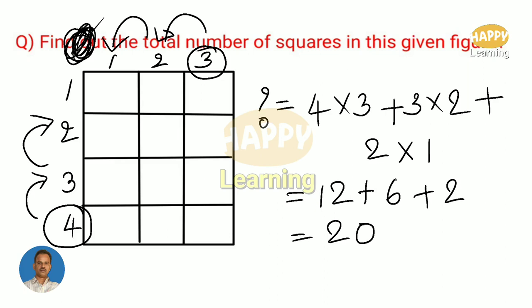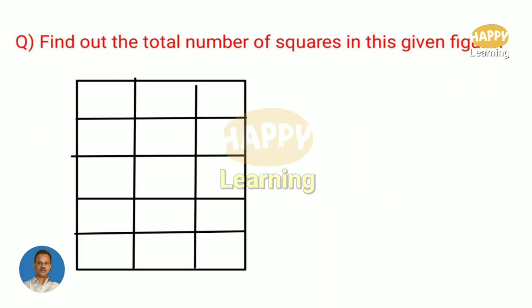Then let us move to the next example. Here, this is first column, second column, third column. This is first row, second row, third row, fourth row, fifth row.